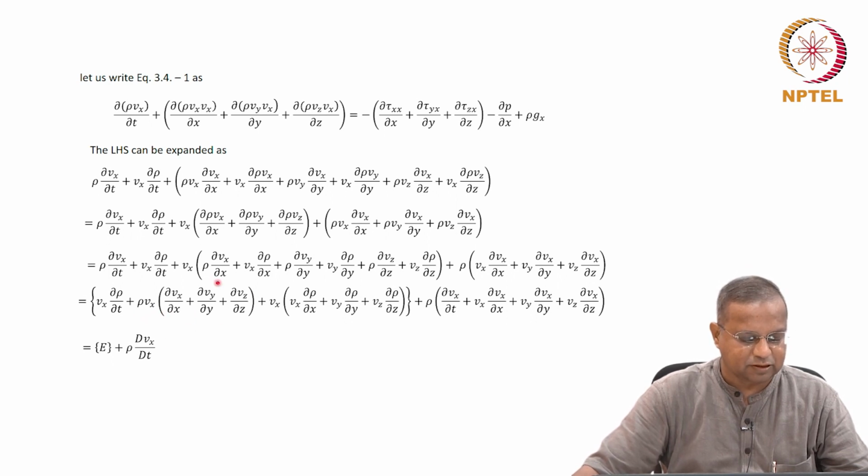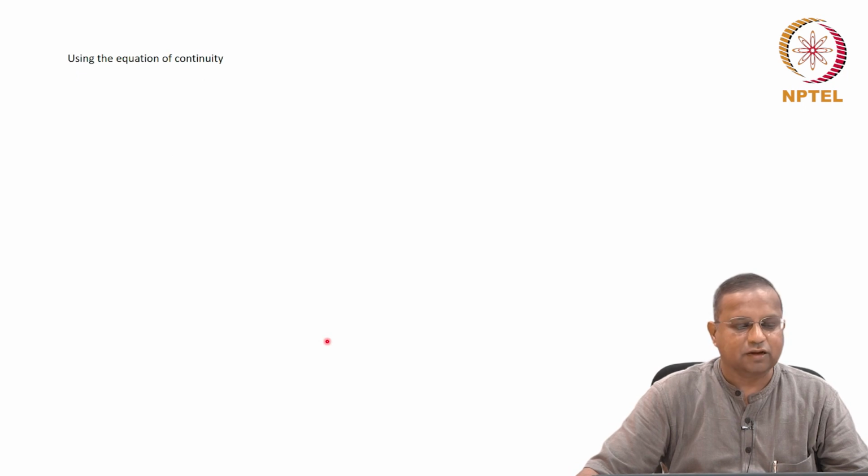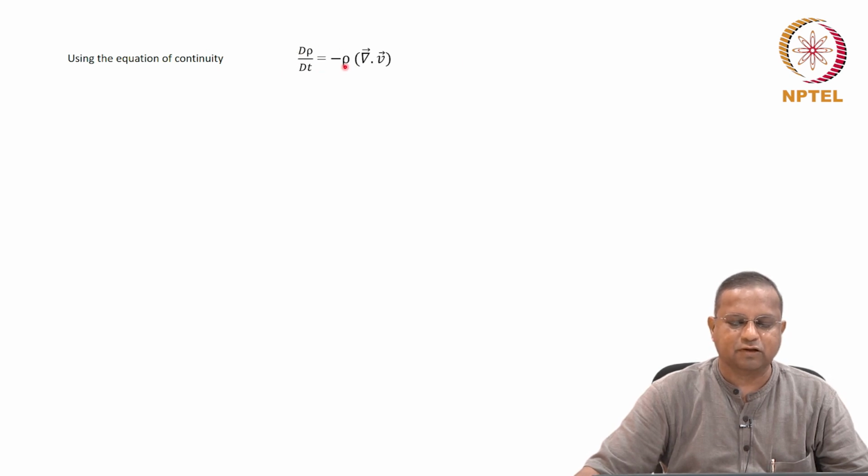Okay. You'll quickly see why I say so. Do you see a form emerging here? ∂Vx/∂x, ∂Vy/∂y, ∂Vz/∂z, and so on. Take a look at this. E is just this. Now, when we use the equation of continuity, the complete form, Dρ/Dt equals minus ρ del dot v, right?